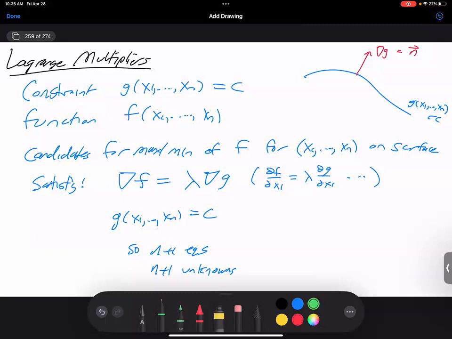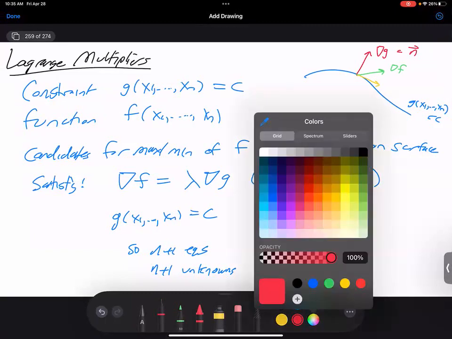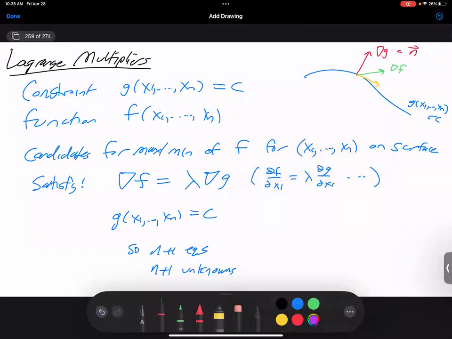If I give you the gradient of f at some point, I can represent it as some component in the direction of the surface and some component normal to the surface. And what does it mean for the first derivative to be positive? If the first derivative is positive, it means you're increasing to the right and decreasing to the left. So the only chance you have, if you're not at an endpoint, to have a maxima or a minima is that the first derivative has to be 0.